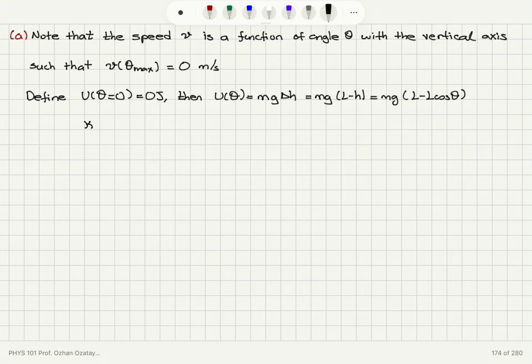Now the kinetic energy at the maximum angle, theta maximum, will be 0.